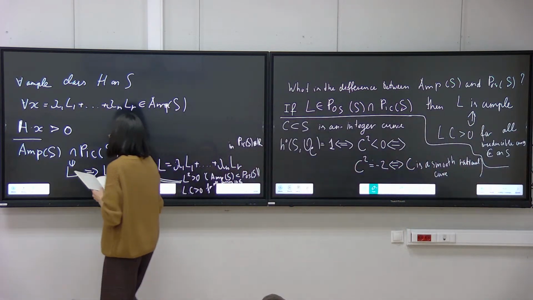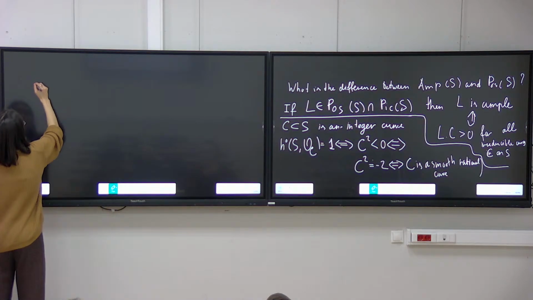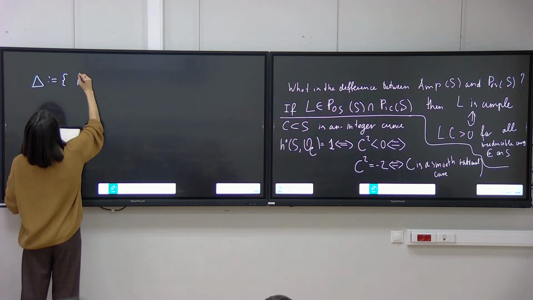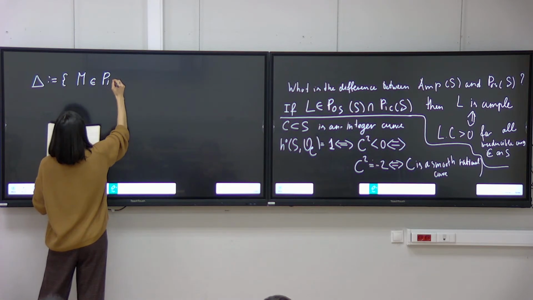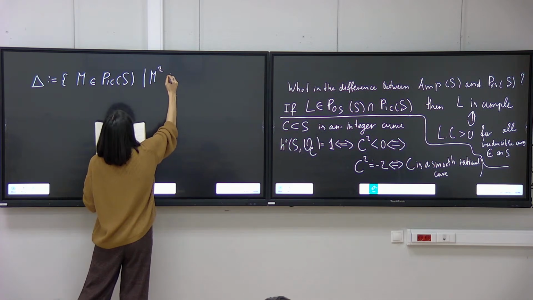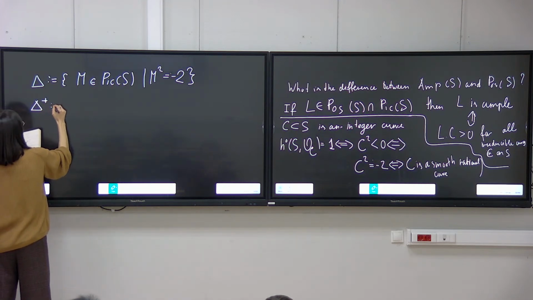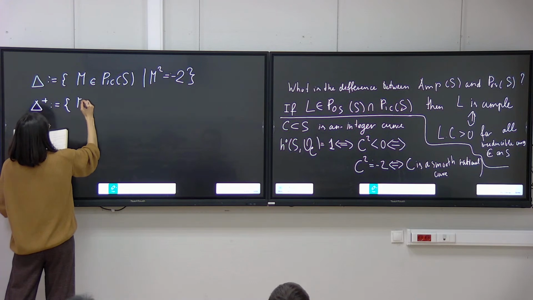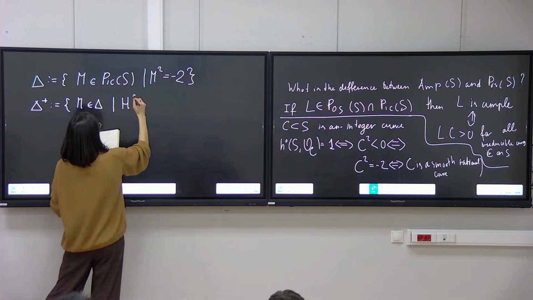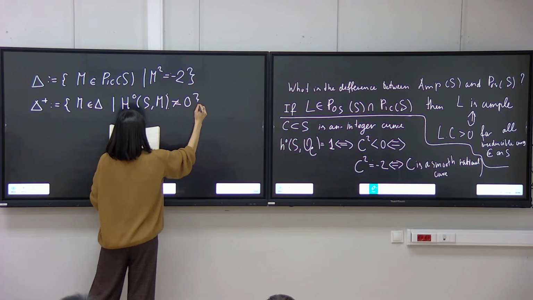And now let me define two more subsets. First, in the Picard group, we consider classes with -2 intersection, with non-zero cohomologies.